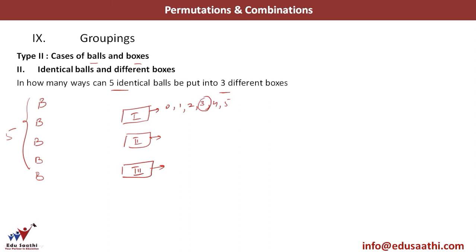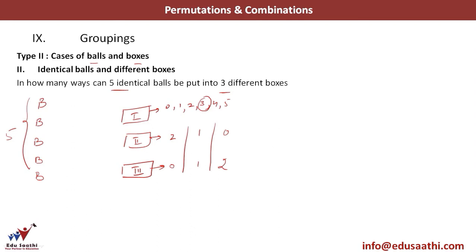Either box number 2 will have 2 balls and box number 3 will have 0 balls, or both of them can have 1 ball, or box number 2 will have 0 balls, and box number 3 will have 2 balls.